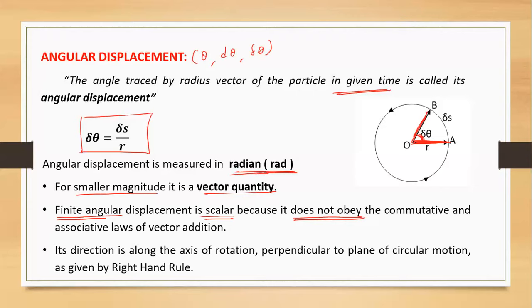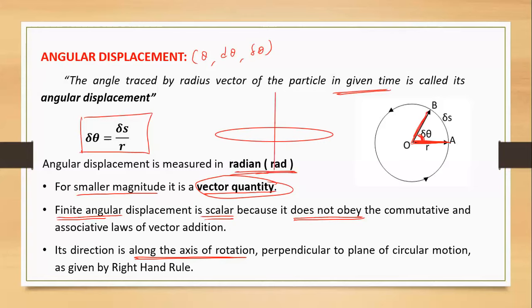Now the direction. If I consider the smaller one is a vector, then what is the direction? You remember, it is directed along the axis of rotation and perpendicular to the plane of circular motion. If I consider this is circular motion, then here this is the axis.